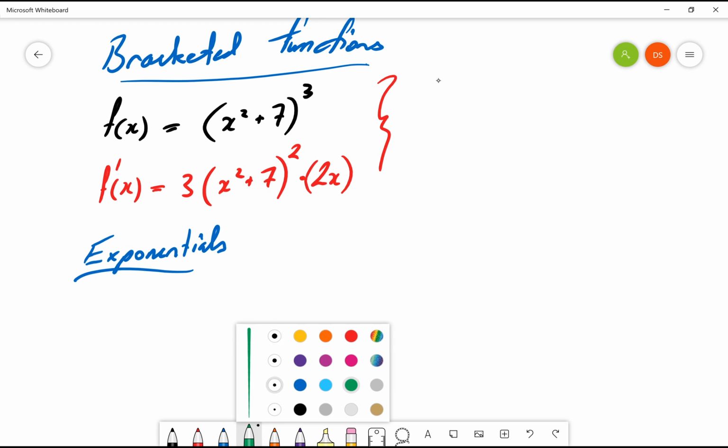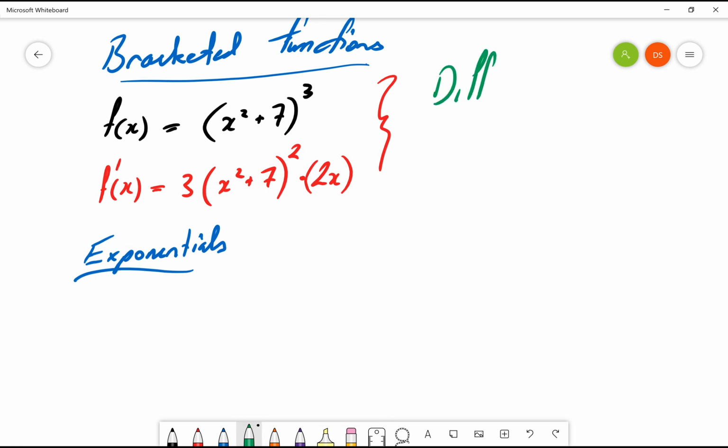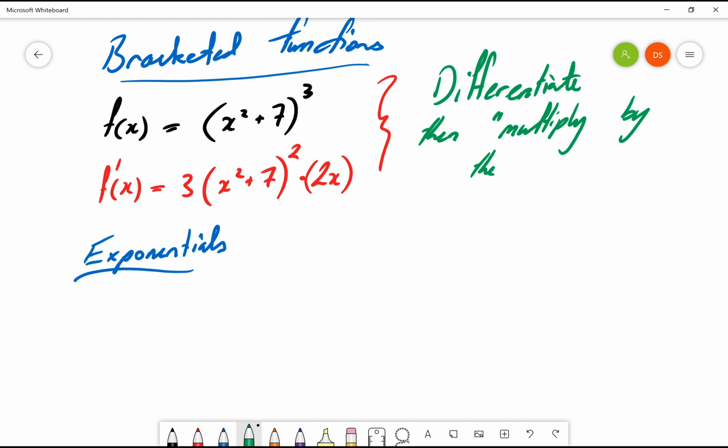Okay, so we learned to differentiate, then we did this: multiply by the derivative of the, I'm going to say, inside.